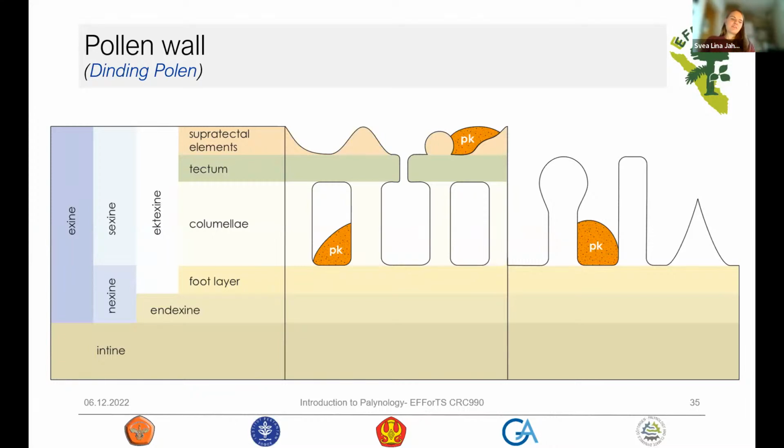Under the electron microscope, it's most detailed and most clear, but it's also possible to see it with the compound microscope. So with most pollen grains, I can see at least the intine and the exine. So for the ratio between exine and intine, could we see it under a compound microscope? Yeah, you can see it there. It's a huge help for identification actually.